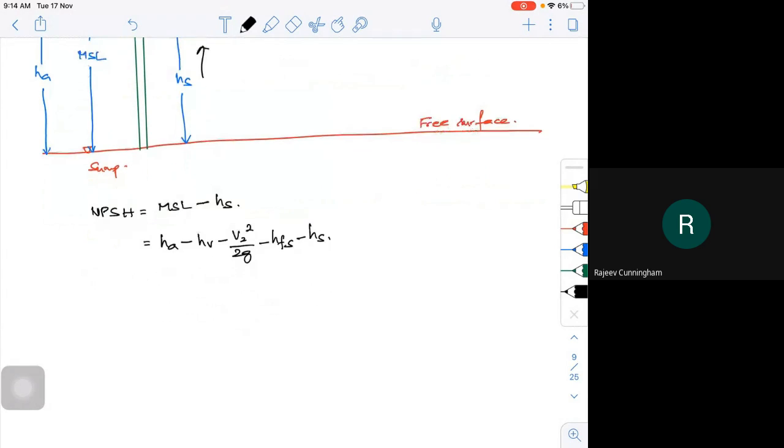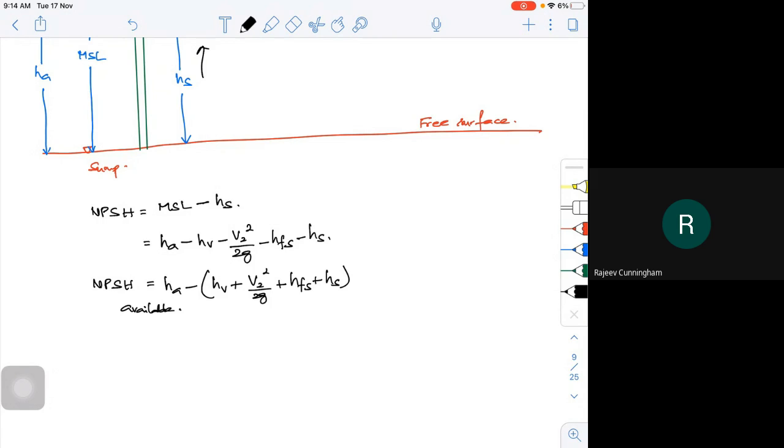So I can write NPSH available as HA minus HV plus V² by 2g plus HFS plus HS. This is what we call NPSH available at any given point.